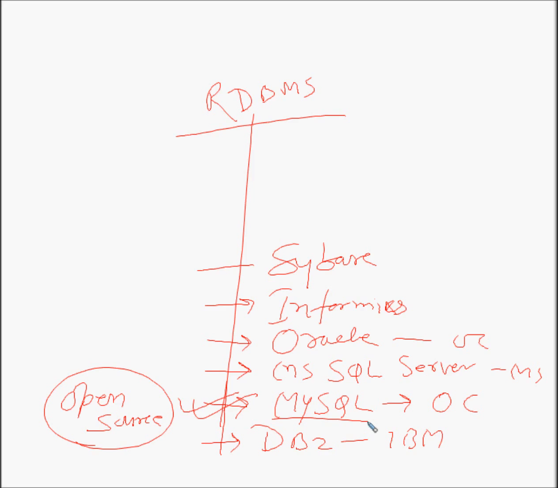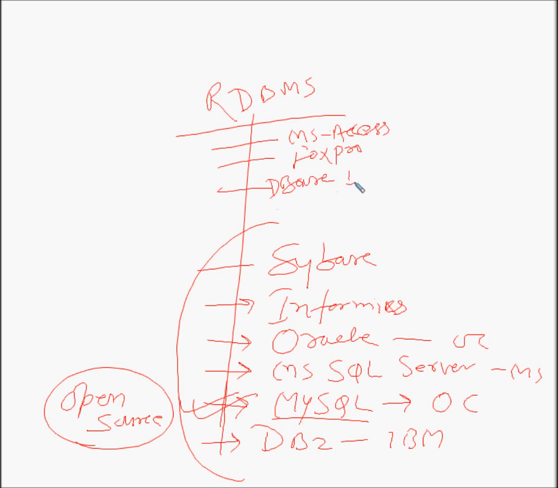Now, if we talk about some of the DBMS, these are the RDBMS. But if we talk about the DBMS, we are having MS Access, okay, FoxPro, dBase 1, 2, 3, like there are some other versions.